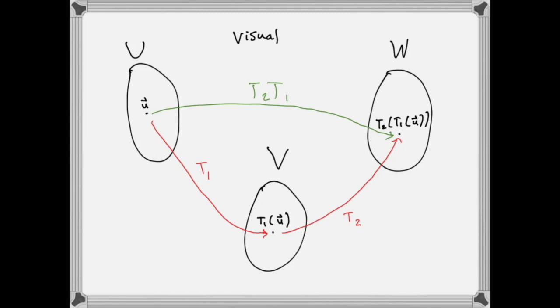Okay? So this is the same as T2, T1 of U. Okay, so you can look at it as a single new map of compositions, or you can look at it as a map and then another map applying to it directly after. Okay, so we have a nice result.